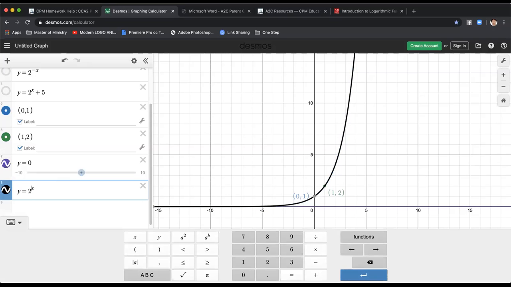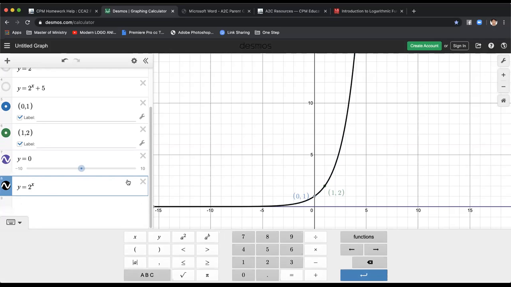So another thing that you will notice here, when we take the exponent x and subtract a real number from that or add a real number to that, let's see what will happen. So let's add 4 to the exponent.